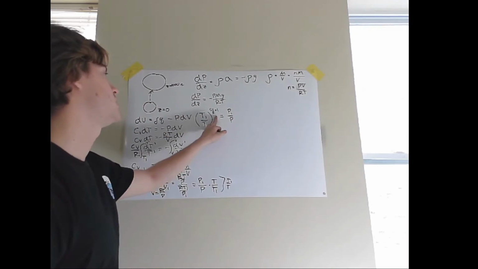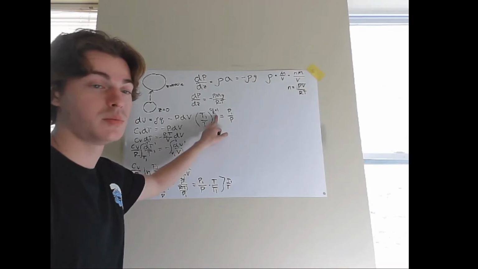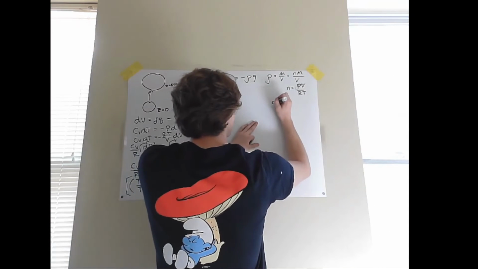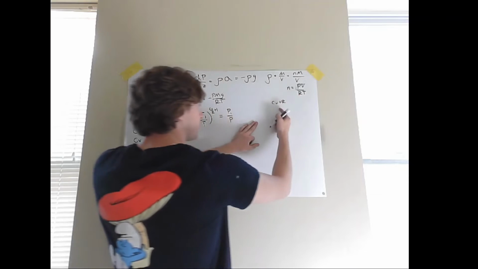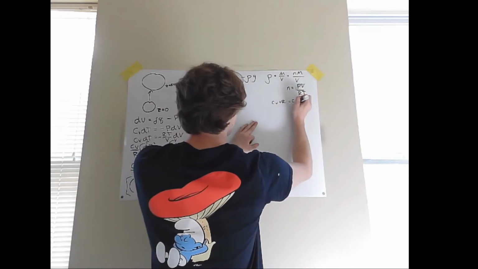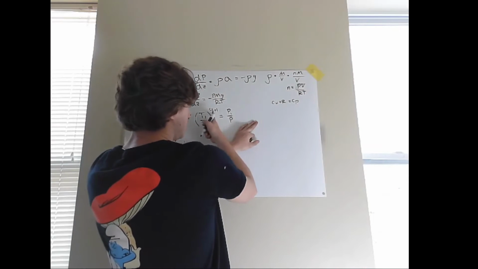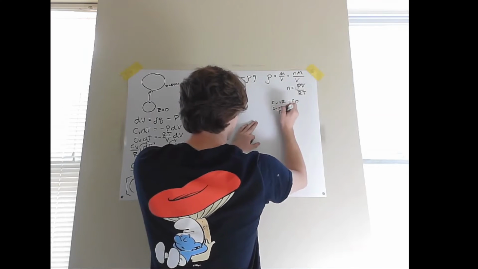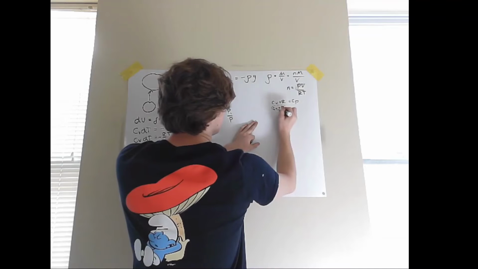So now using something we learned from MEB last year, we can rewrite this exponent. So CV plus R is equal to CP. So if we rewrite this with a common denominator, you get CV plus R over R. So as you can see, this is just CP.